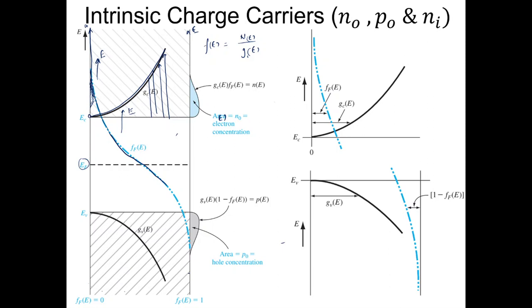We need to look into the number of states which are unoccupied. Now the number of states being unoccupied is 1 minus f. F is the probability a state is occupied, and 1 minus f is the probability a state is unoccupied. So in the valence band we are talking about holes. Holes means those states which are not occupied, and the conduction in the valence band, you remember, happens through the states which were not occupied.